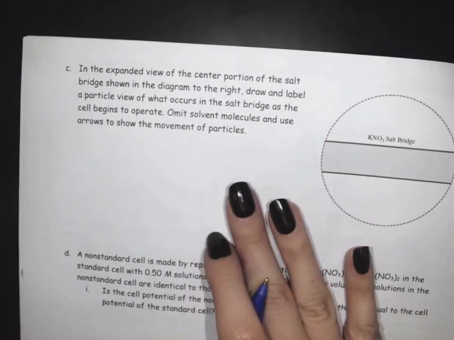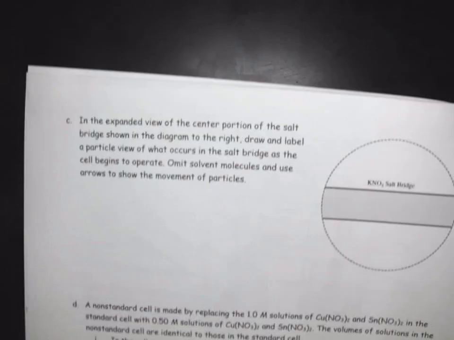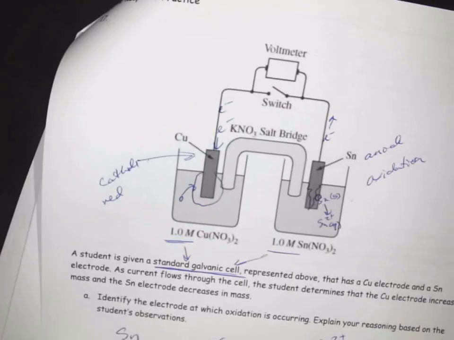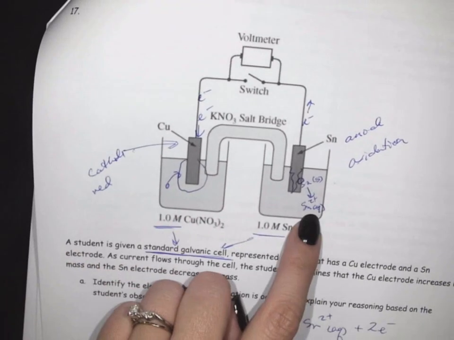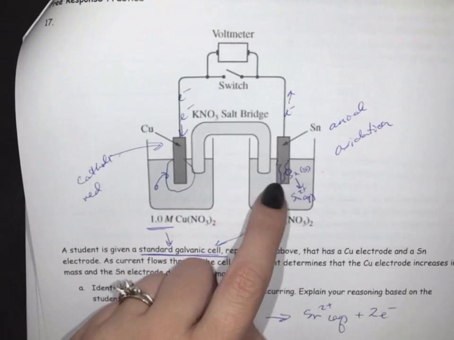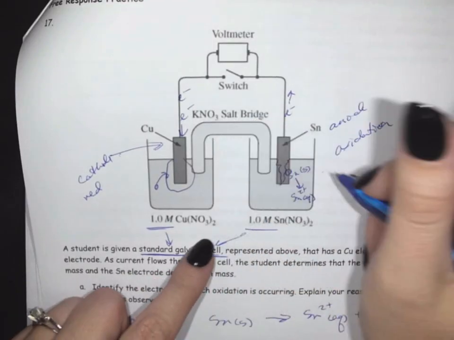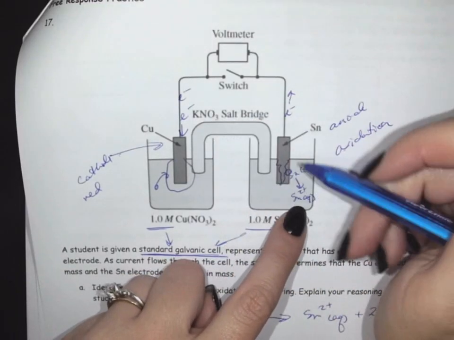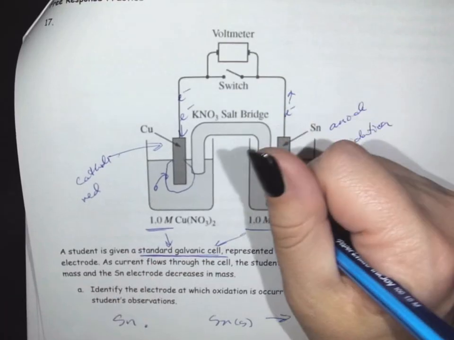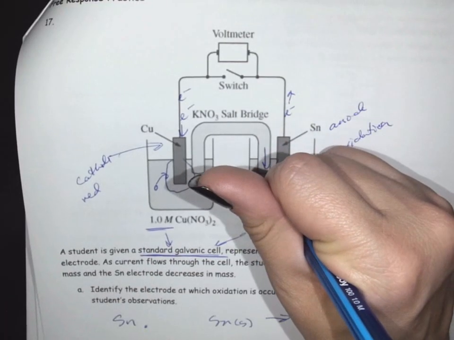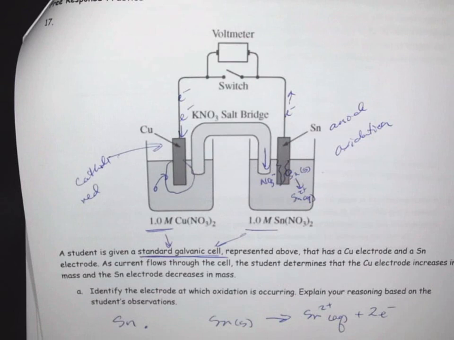Okay, so remember how the cathode was over here, the anode was over here. So see how we're gaining a bunch of negatives over here, or sorry, gosh, gaining a bunch of positives over here, that means we need negatives to come and balance it out. So like the NO3 minus have to come this way.